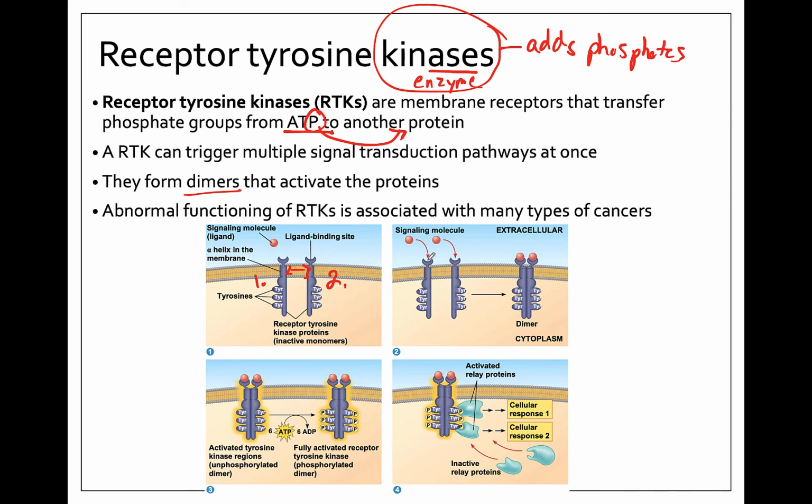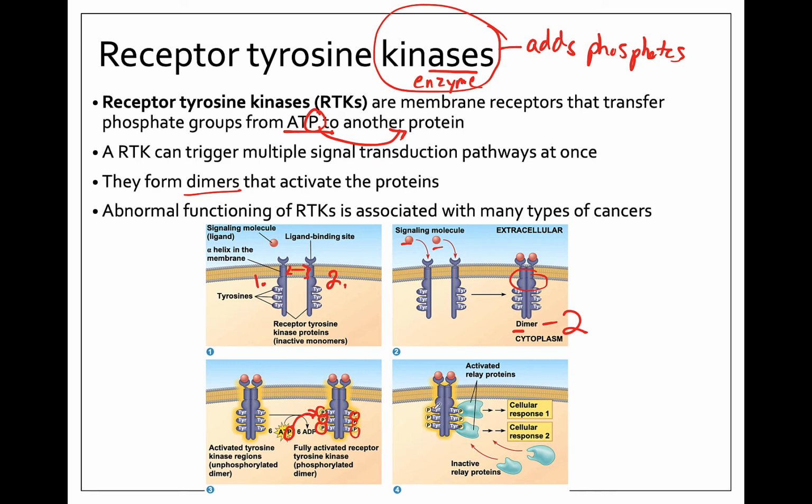Once those both bind to the signal molecule, so it actually requires 2 signals here, they're going to come together and form this dimer. So remember, di means 2, so that's just 2 molecules stuck together. Once the dimer is formed, then the kinase thing happens, and they're going to pull phosphate from ATP and stick it onto the tyrosines.